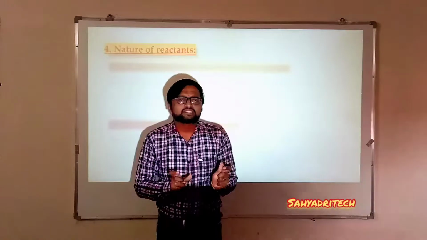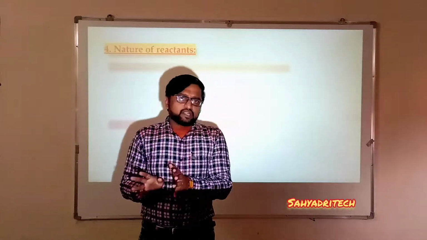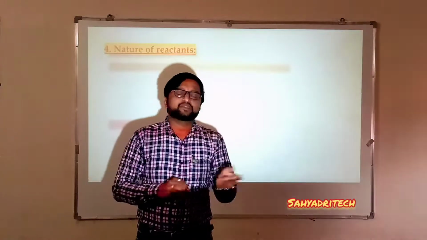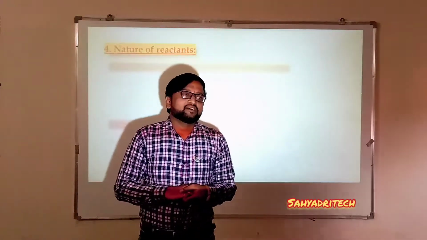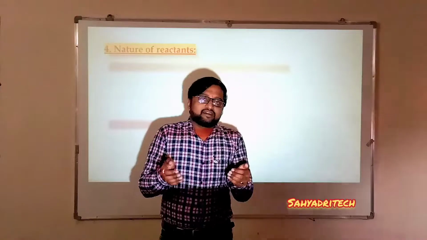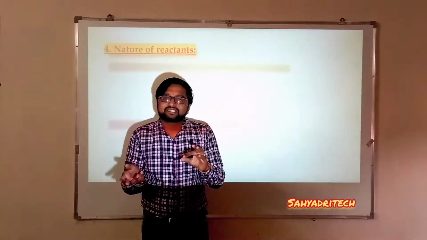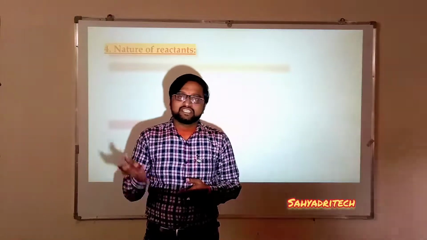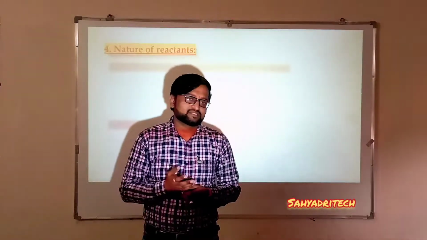During a chemical reaction, some bonds must be broken and new bonds must be formed so that reactants get converted into products. The energy required for this breaking and making of bonds is least with respect to ionic bonds.